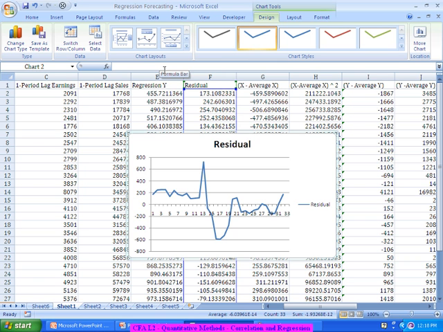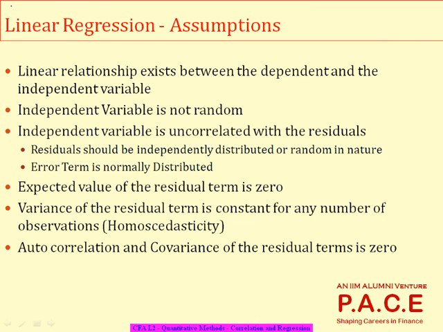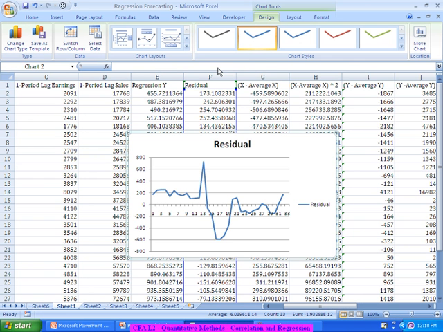That is where we get into multiple regression. As long as no patterns are observed with respect to the independent variable and the residual, we can still go with simple linear regression itself. And the expected value of the residual term is 0. Try to find out the mean of this residual term.